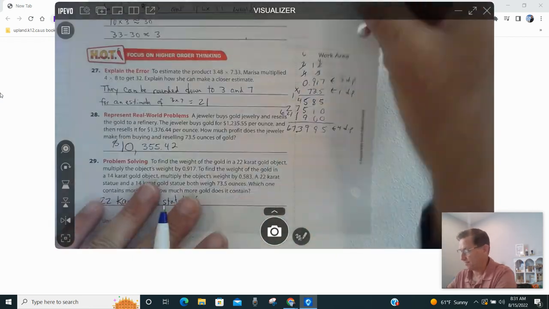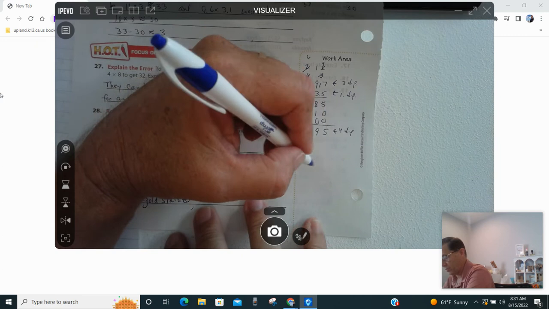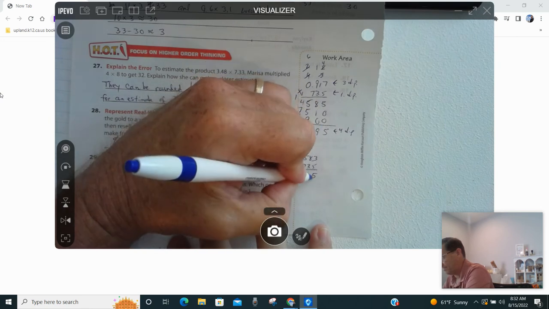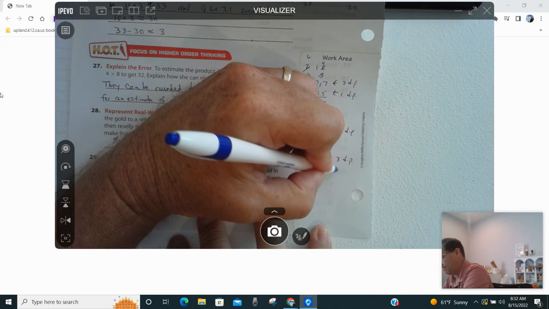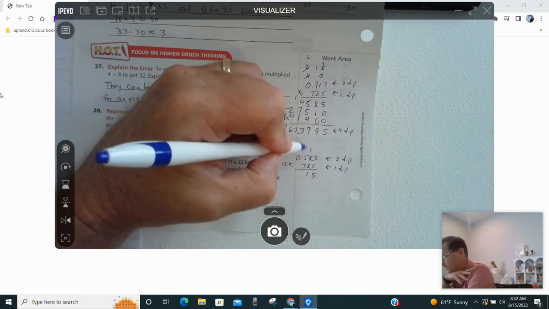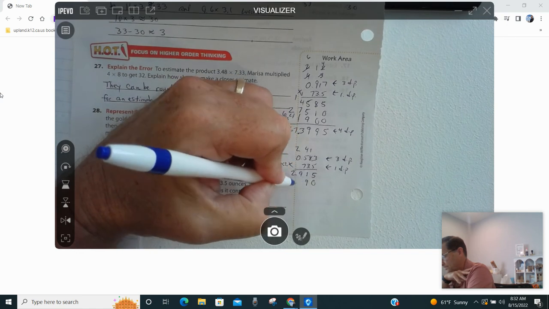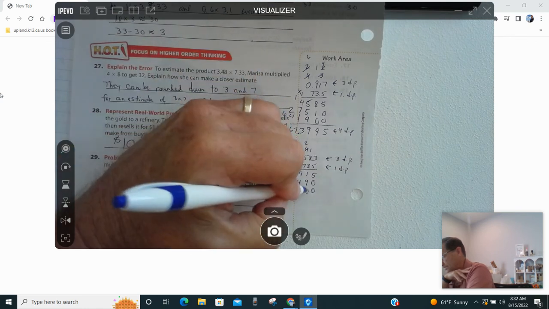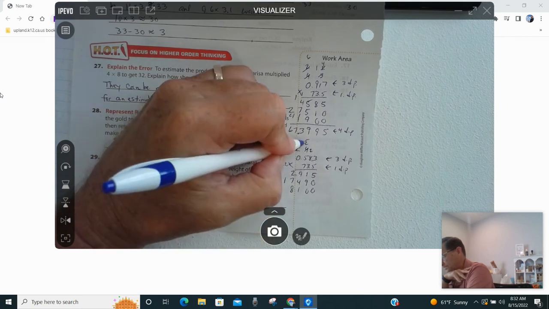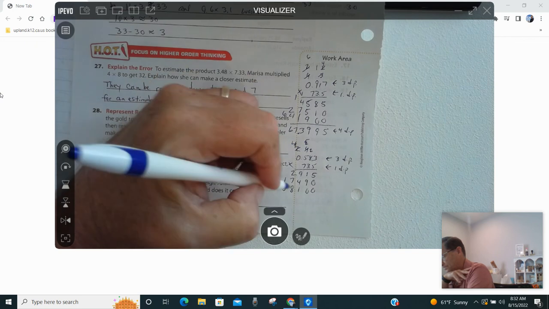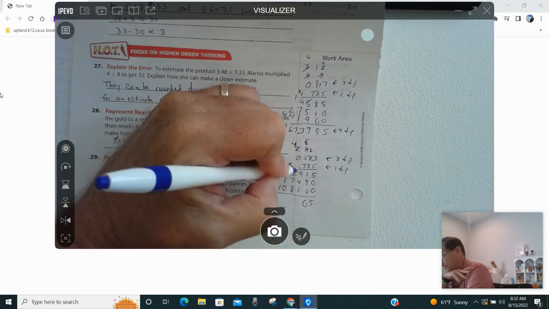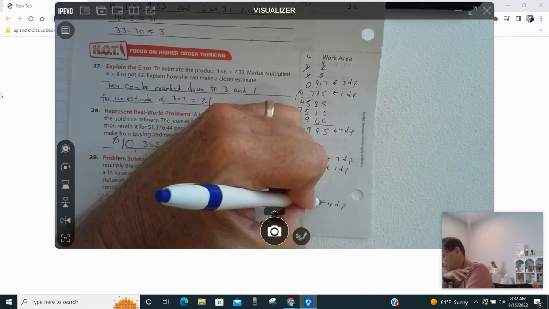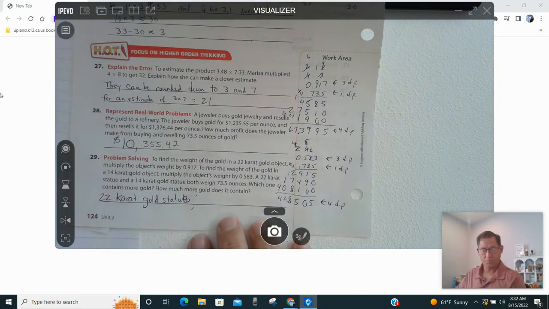And in the 14 karat gold one, we're going to multiply 0.583 times 73.5. 42.8505.